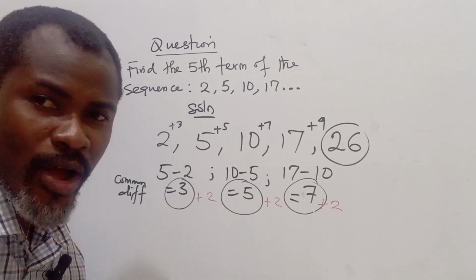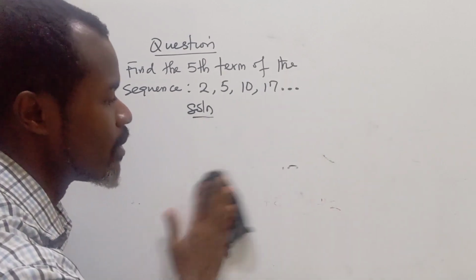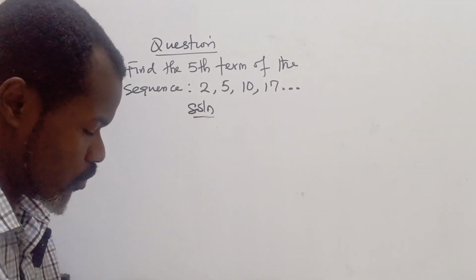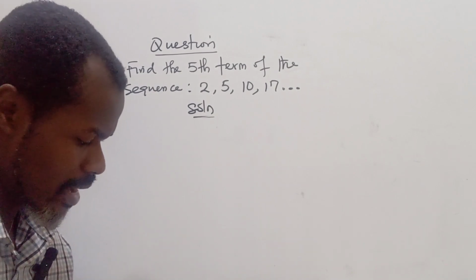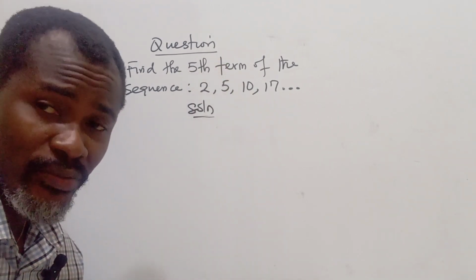But if we are asked to actually solve this problem, how do we go about solving it? Quickly, I'm going to generate the nth term so that we can properly solve this problem using the formula.